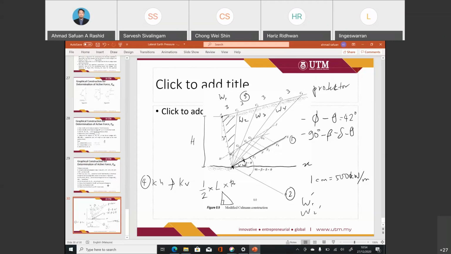Then continue for F2. From here to F2, what will be the value? Then you have F1, F2, F3, and F4. That is the value of the width of your W.